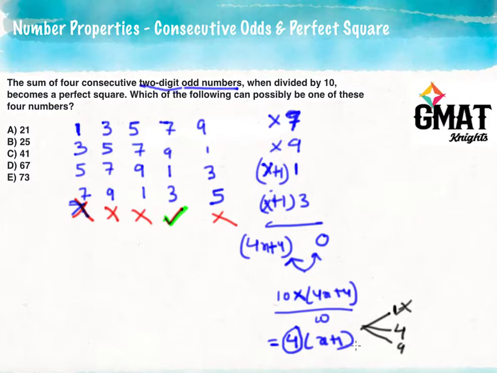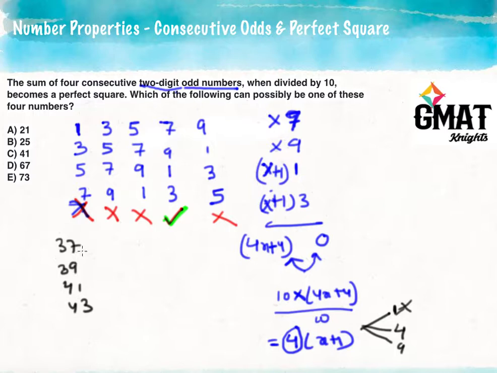Okay, for x plus 1 to be 4, x has to be 3, right? So if x is 3, then the numbers that you have are 37, 39, 41 and 43. Which basically means, if you look at the answer choices, choice C is contained in the list as a number.